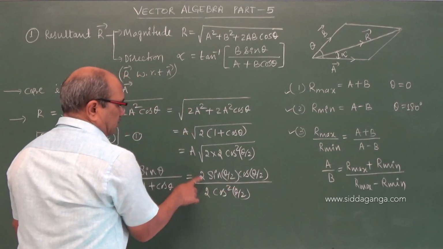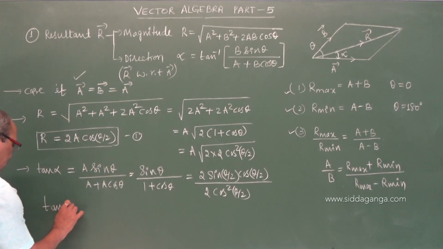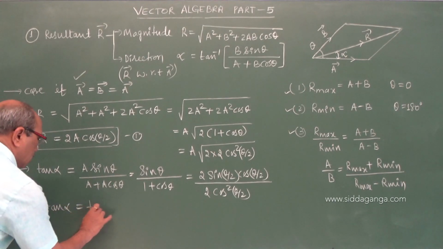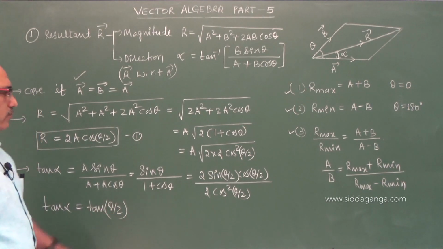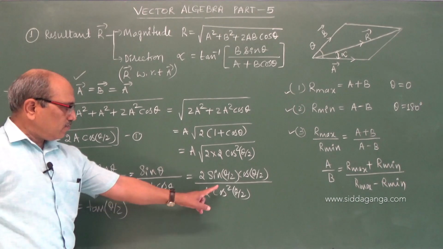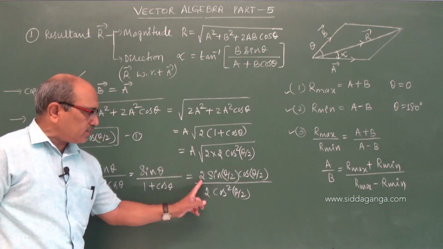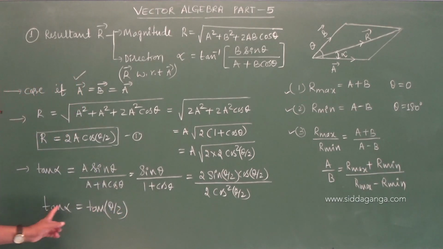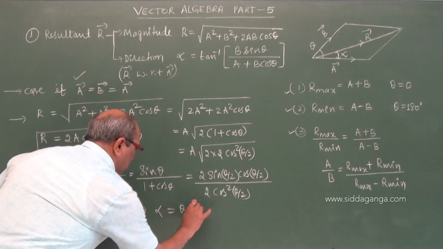Cos theta by 2 cancels, 2 cancels. What finally you got is tan alpha equals tan theta by 2. Here tan cancels, which suggests the angle alpha equals theta by 2.